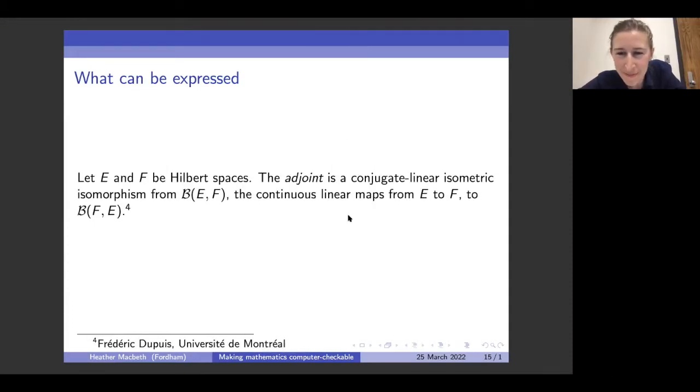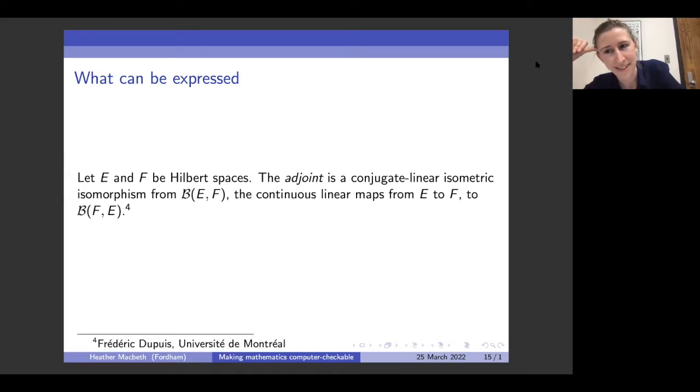I'd like to mention some work by someone in the audience. This is Frédéric Dupuis at the University of Montreal. So you can take two Hilbert spaces E and F. You can take the space of bounded linear maps from E to F and bounded linear maps from F to E, and then make a bounded linear map from the first space of bounded linear maps to the second space of bounded linear maps.